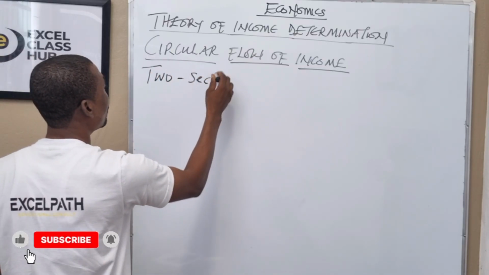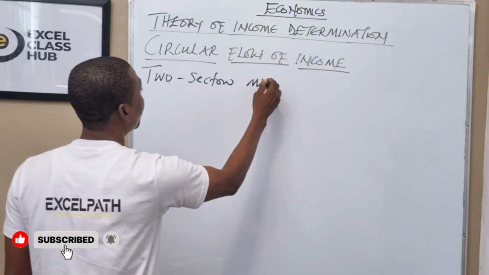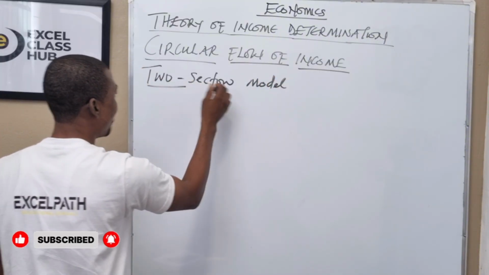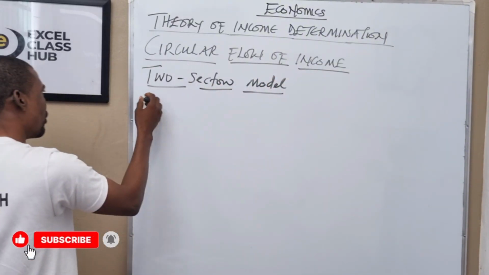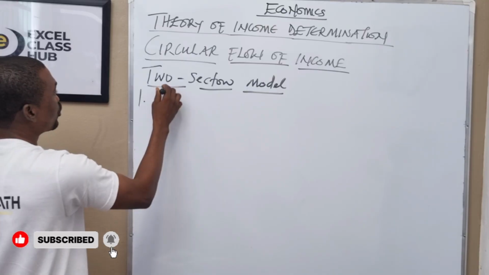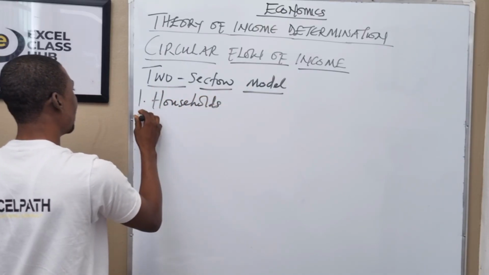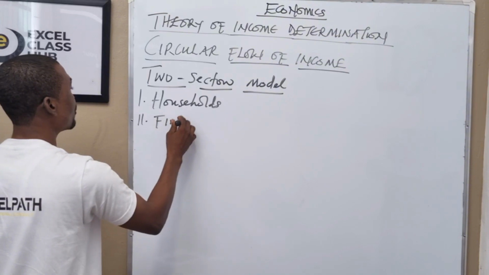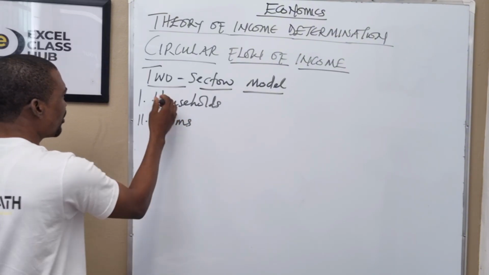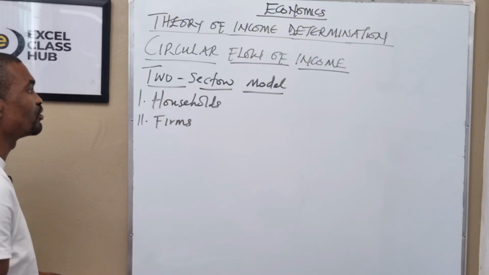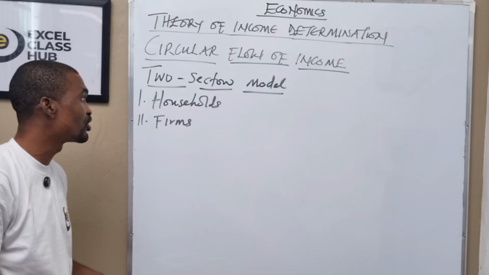Two-sector model. Now, the two-sector model comprises of, number one, households, and number two, firms. The two-sector model comprises of the households and firms only.